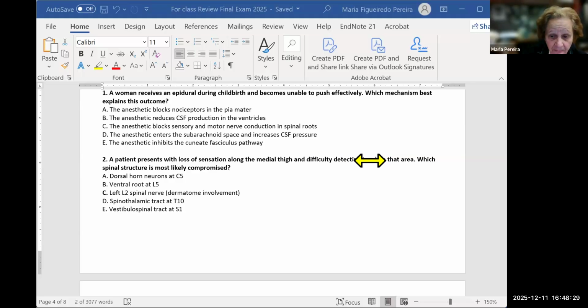So touch, that's skin. So a dermatome is involved, right? Remember how the skin is divided into different areas, and these dermatomes are very important, and they're used as diagnostic tools to determine if there's damage to a specific spinal nerve. So difficulty detecting touch means that there's a dermatome involved. Okay.